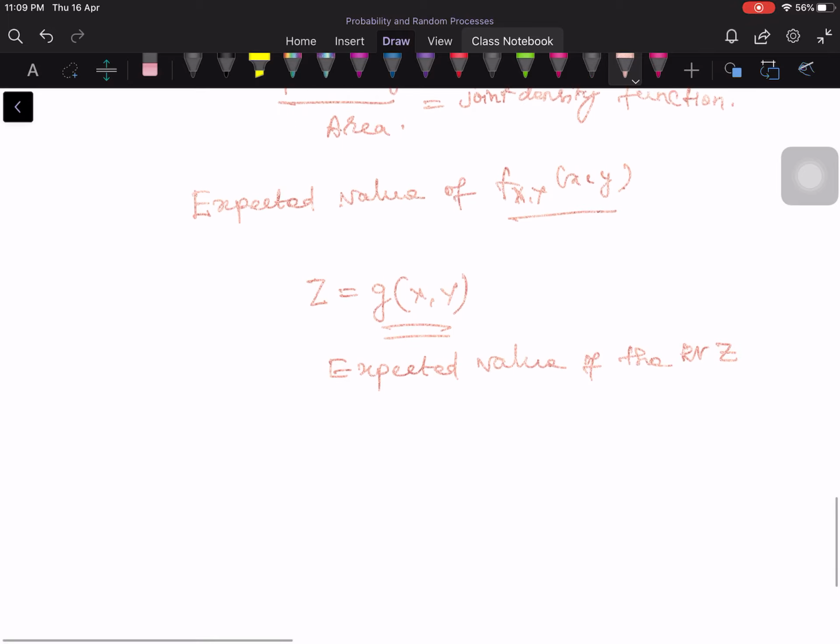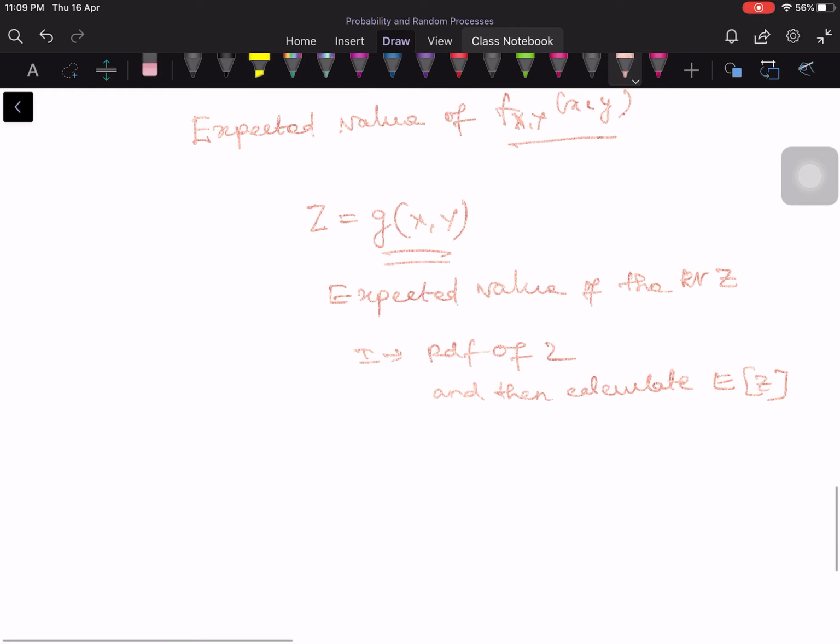The first method is you can calculate the probability density function of Z and then calculate E[Z], the expected value of Z. Or there is no need to find the probability density function of Z. You can directly calculate the expected value of Z from the probability density function of X and Y itself.